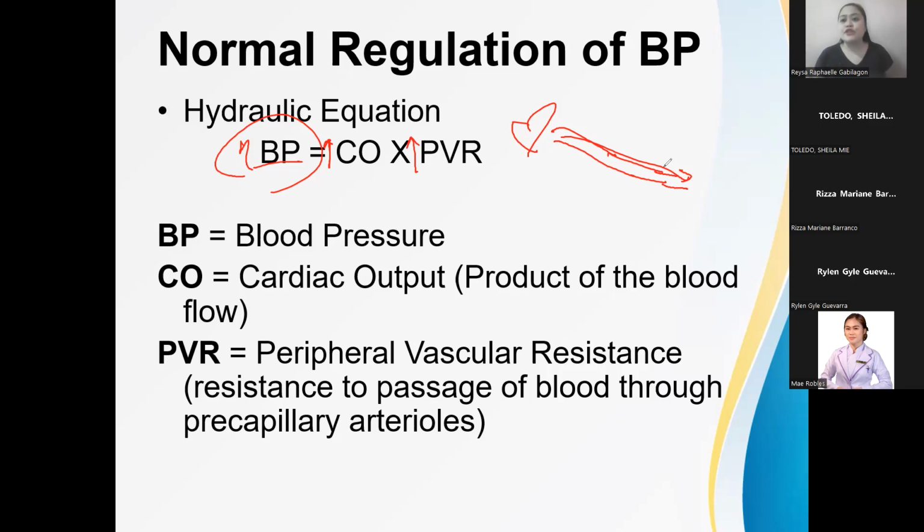We also have the so-called cardiac blood vessels na tumatanggap ng dugo. So kung merong problems in our blood vessels, it can also resist blood flow to the heart, leading to heart failure.